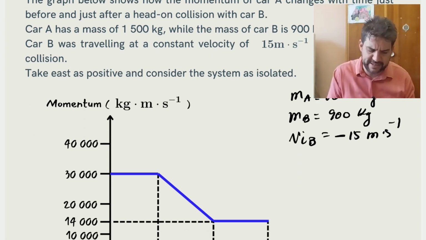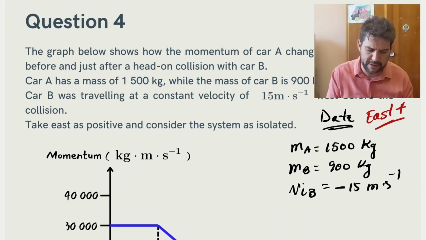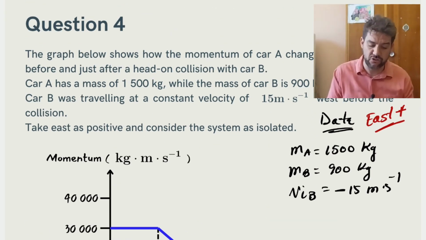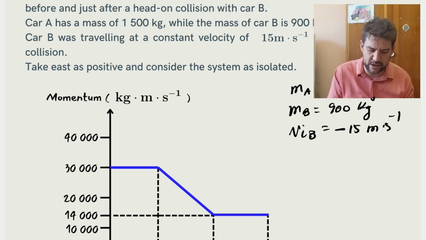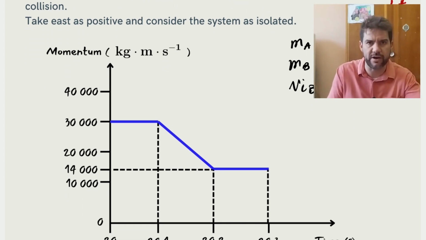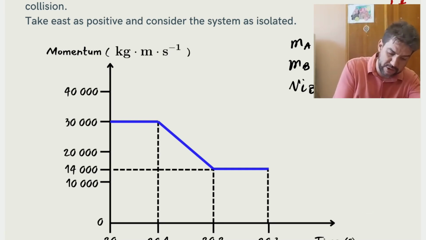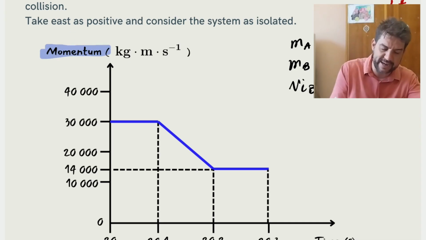Now the graph, guys, is about momentum, and the momentum shown is for car A. So the data you have in the graph is for car A. Now, what data can we get from this specific graph in terms of car A? This is momentum, so please note and highlight that the graph is about momentum. What data can we extract from the graph?